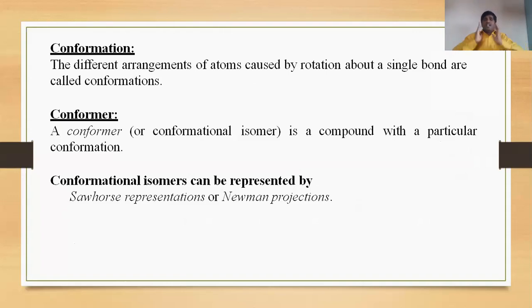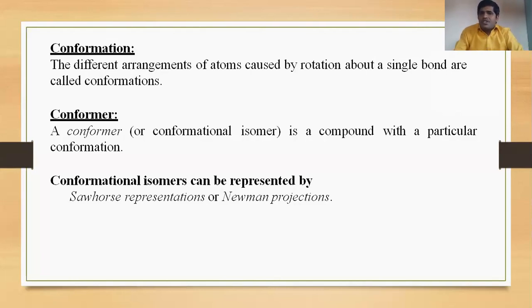And regarding conformational analysis or conformational isomers, how will you show them? By using Sawhorse and Newman projections. And we already studied the Fischer projection. For what purpose are we using the Fischer projection? We represent enantiomers by the Fischer projection.